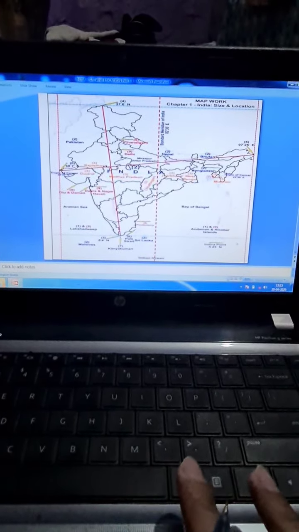Now again just look at this picture. This is the Tropic of Cancer, which is dividing India into almost two equal parts. The part which lies in the south of the Tropic of Cancer consists of the tropical region.